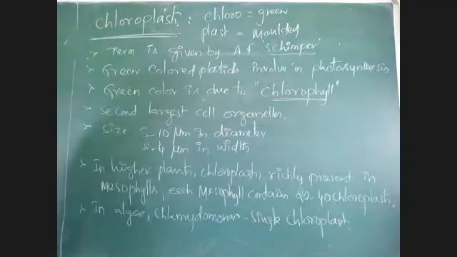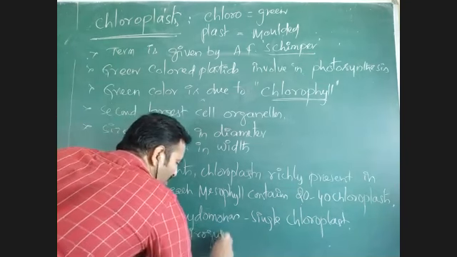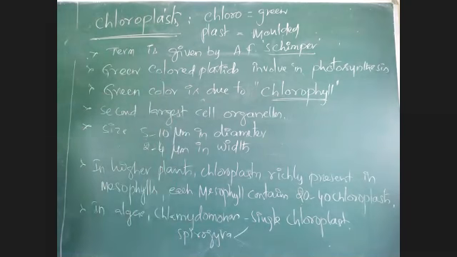Single chloroplast is present in Chlamydomonas. Not only Chlamydomonas, in Spirogyra also. In Spirogyra and Chlamydomonas, there is a single chloroplast. In other cases, chloroplasts are present in more number.